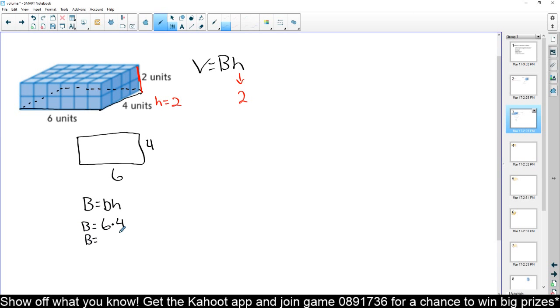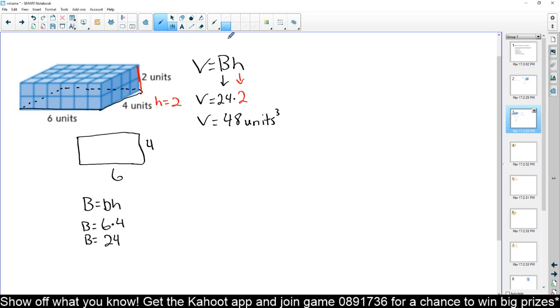We do some calculations. 6 times 4 is 24. So there's our area of the base. Bring it back over here. We take 24 times 2, and we get a volume of 48 units to the third power. And there's our whole problem.